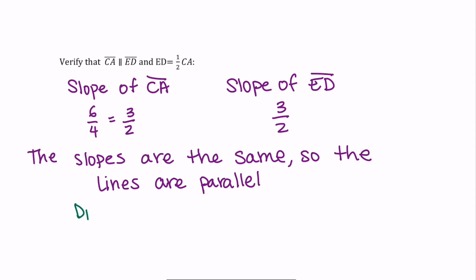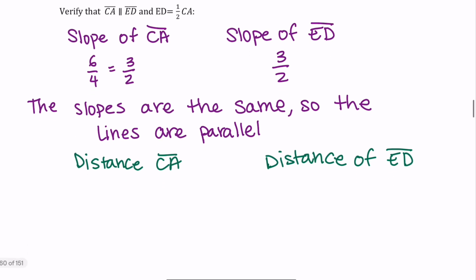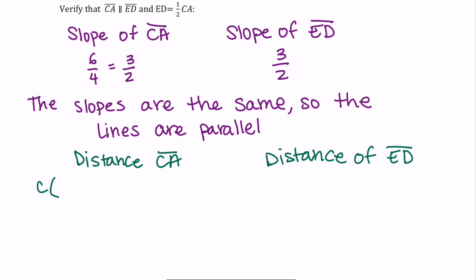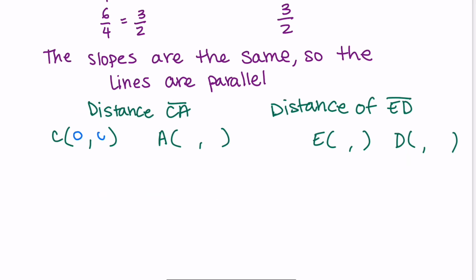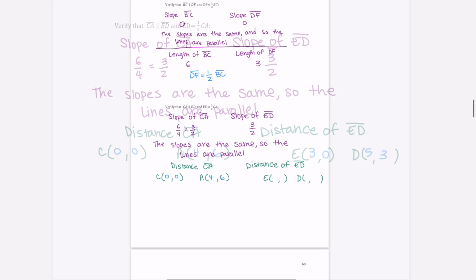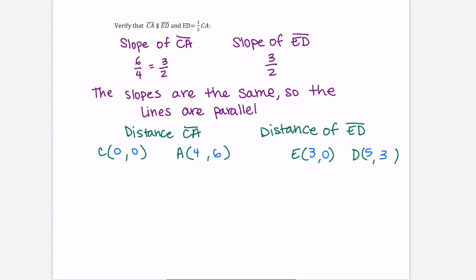Next, we're going to find the distance of CA and the distance of ED. I'm going to go ahead and put the points of each C, A, E, and D into their ordered pairs. We have C (0, 0), A (4, 6). E is (3, 0). D is (5, 3).